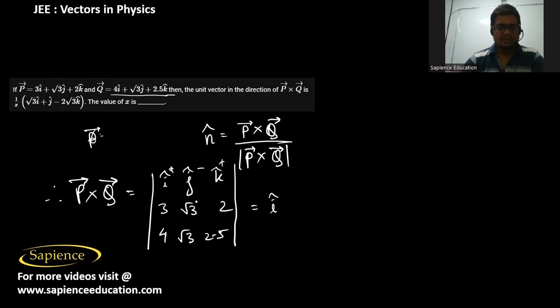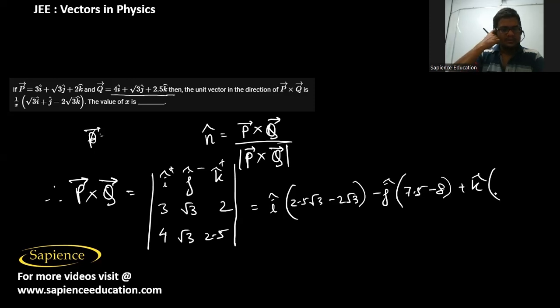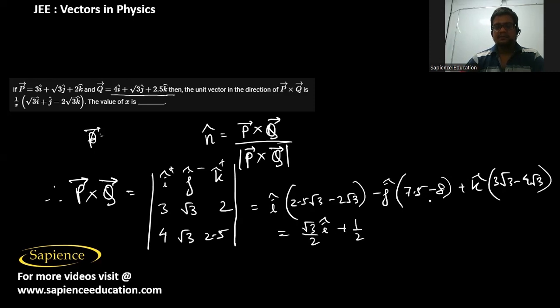So this will be i cap into 2.5 root 3 minus 2 root 3, minus j cap into 3 into 2.5, that is 7.5, minus 2 into 4, that is 8, then plus k cap into 3 root 3 minus 4 root 3. So this will be equal to root 3 by 2 i cap, then minus half, so it will be plus half j cap, and this is minus root 3 k cap.